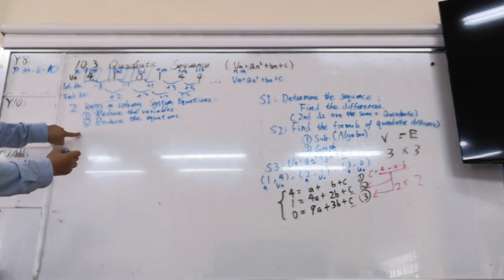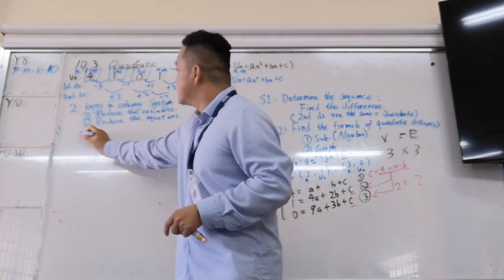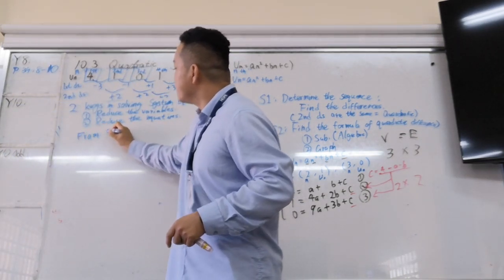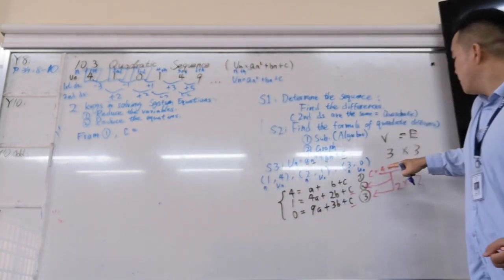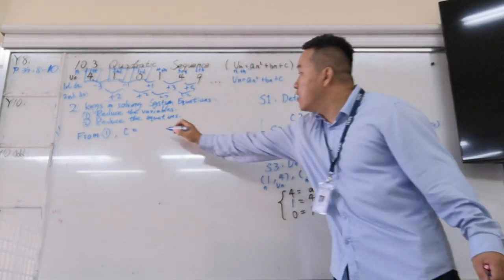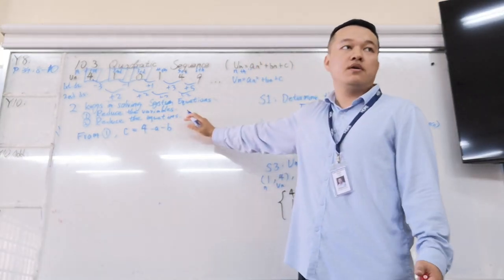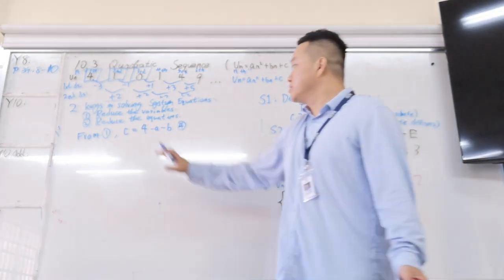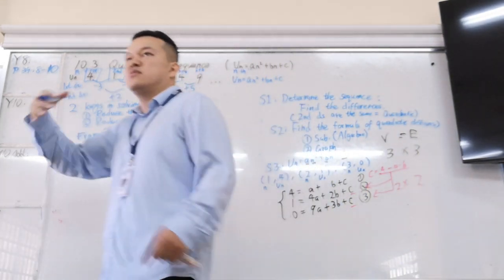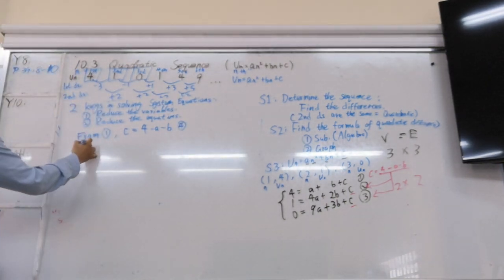From 1, you get C equal to 4 minus A minus B. Let's give it a number, let us say 4, because you don't want to write the whole equation repeatedly, just a waste of time.